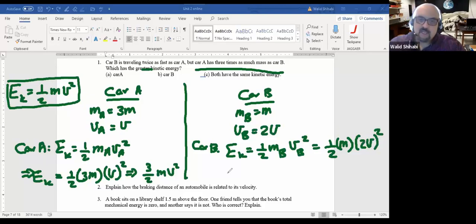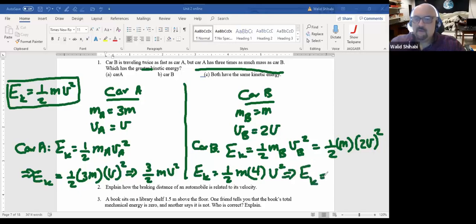So now if you carry out the calculation for car B, just by applying this formula, it's basically 1/2 times the mass. 2 square is what? 2 square is 4. So it's times 4. And then times v square. Okay. So if you continue here, we know 4 times 1/2 will give you what?